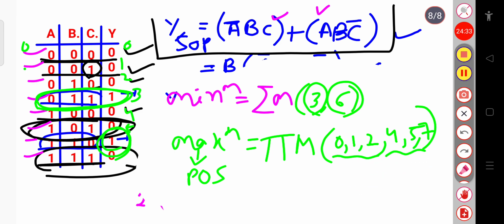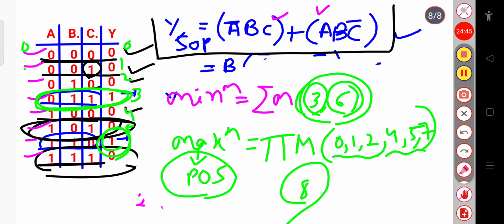There are 6 terms in the POS form and 2 terms in the SOP form. So the total number of terms is 8, since we are starting from 0: 0 1 2 3 4 5 6 and 7. Okay, this is all for today. Thank you.